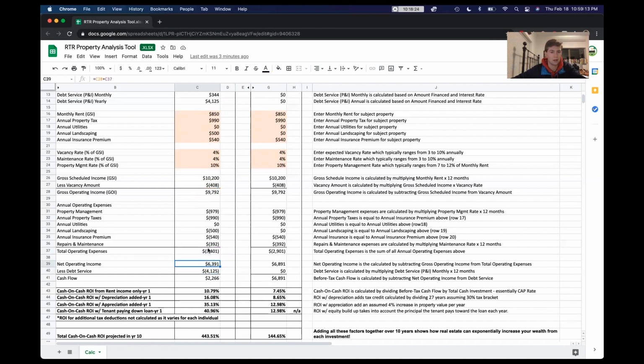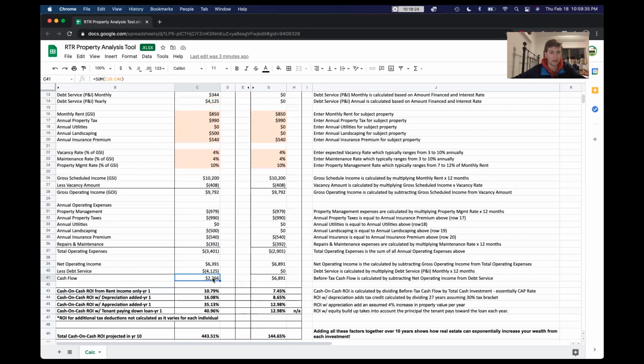So it's our gross operating income minus our total operating expenses. And just for Excel, we have that as a plus. And then less debt service here, this just means minus debt service, or negative, right?